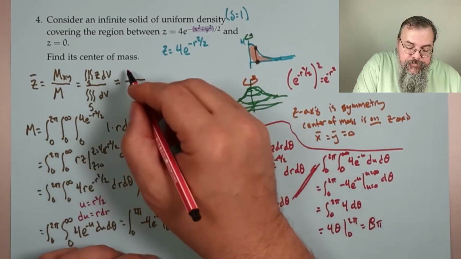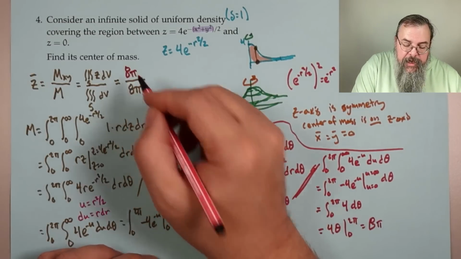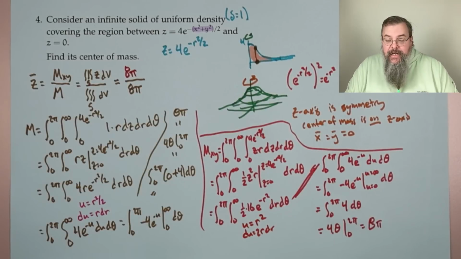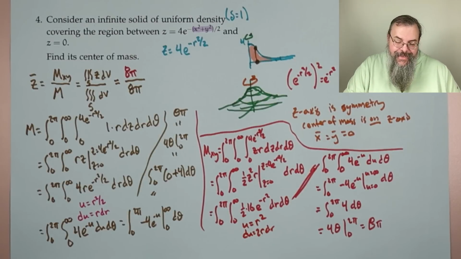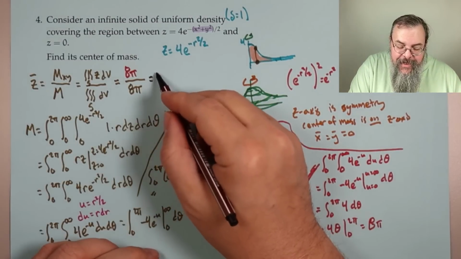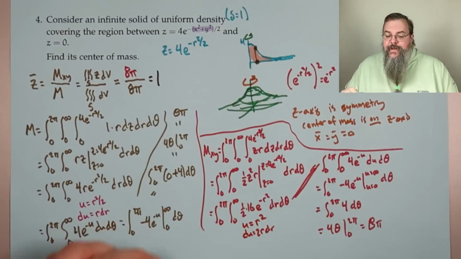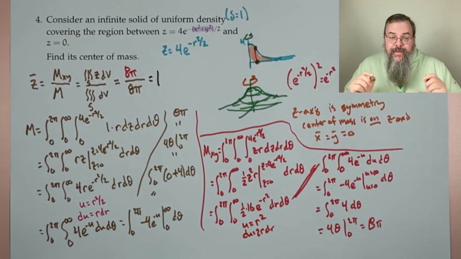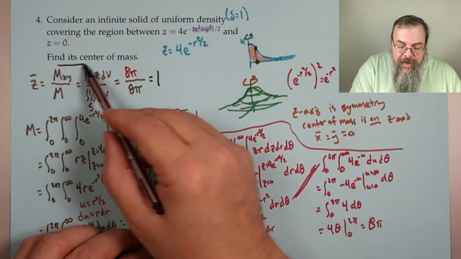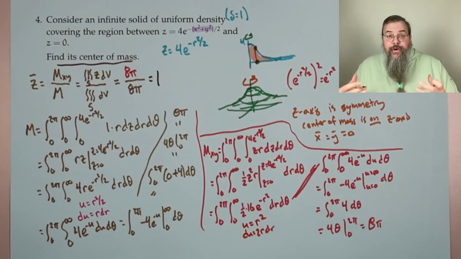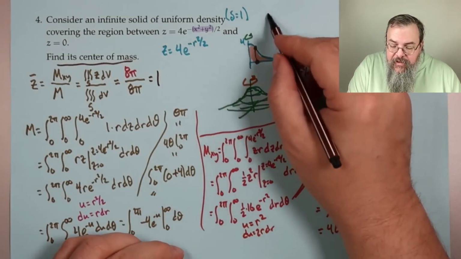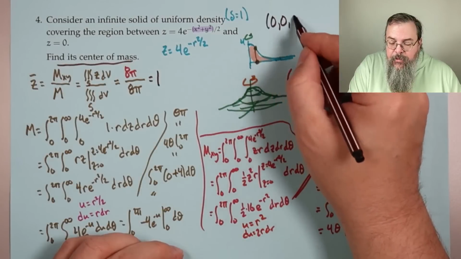All right, 8 pi. So we have 8 pi over 8 pi, which gives us a final value of 1. Now, we should put it all together because it says find its center of mass. So its center of mass should be a point, and the point is (0, 0, 1).